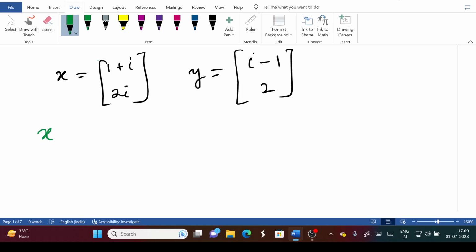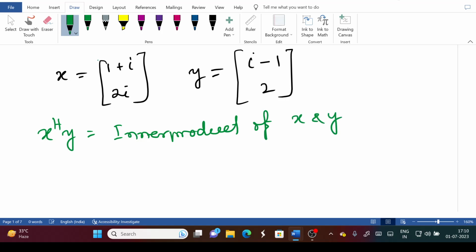So here xH y, which is the inner product of x and y, is equal to x1 conjugate y1 plus x2 conjugate y2.